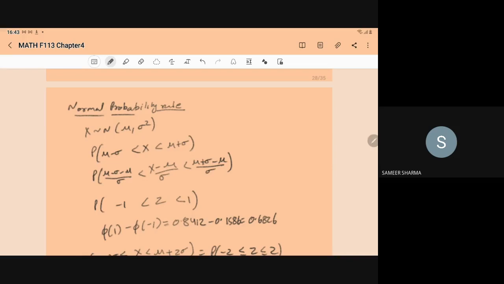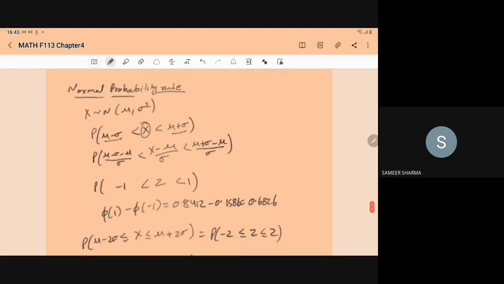Your requirement is that the observed value X lies within one standard deviation, meaning between mu minus sigma and mu plus sigma. When you convert this into the standard one, you subtract mu and divide by sigma, so it becomes X minus mu upon sigma. On the left it is mu minus sigma minus mu upon sigma, and mu plus sigma minus mu upon sigma.